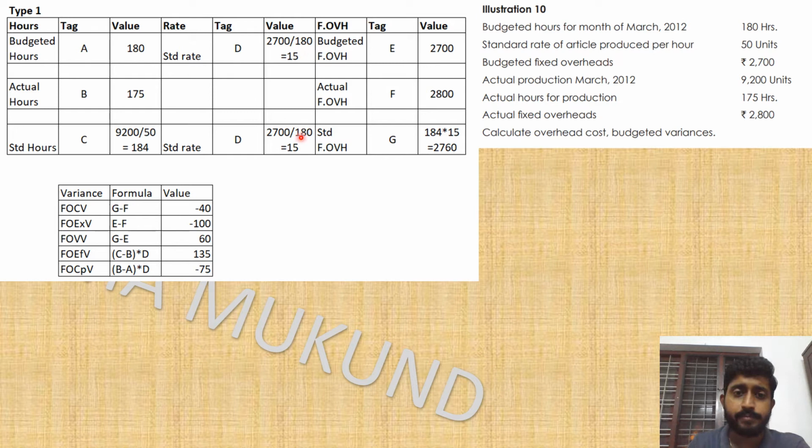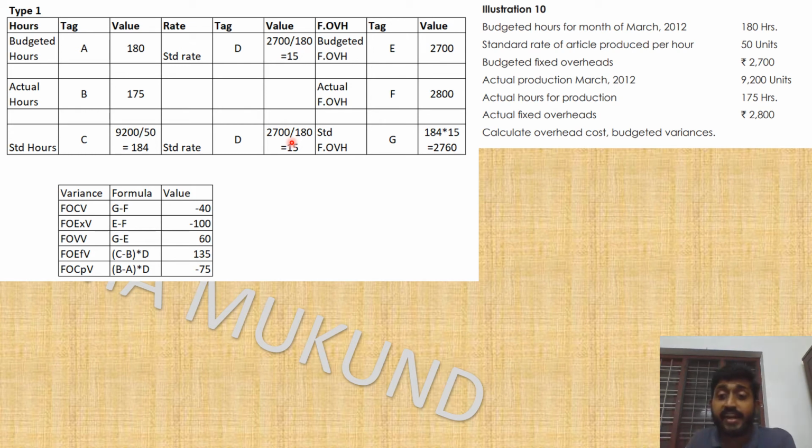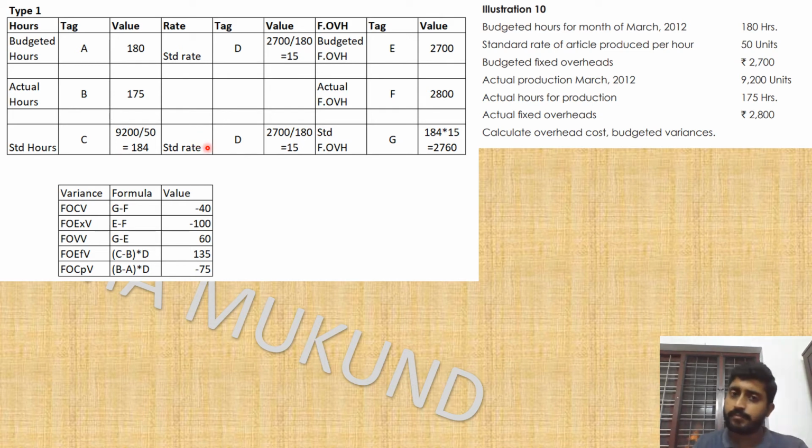Standard rate is the rate which we have used for the budgeting purpose also, so for budgeted fixed overheads and standard fixed overheads, the standard rate is applicable.